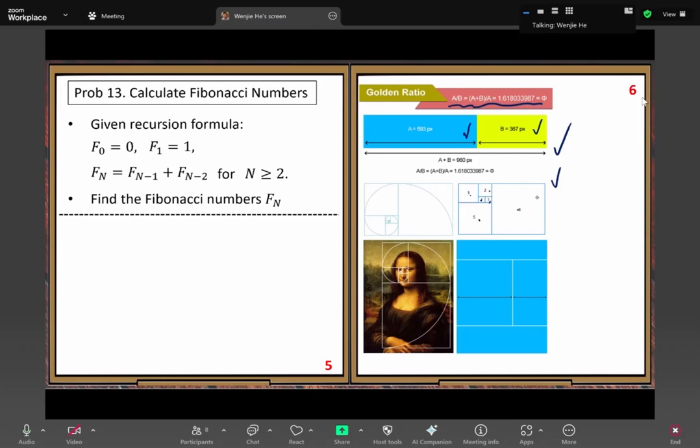These are the first few Fibonacci numbers. You make small squares with sizes corresponding to consecutive Fibonacci numbers. You skip the 0. The first square uses the Fibonacci number F1 as its side, which is 1, then F2 for another one.